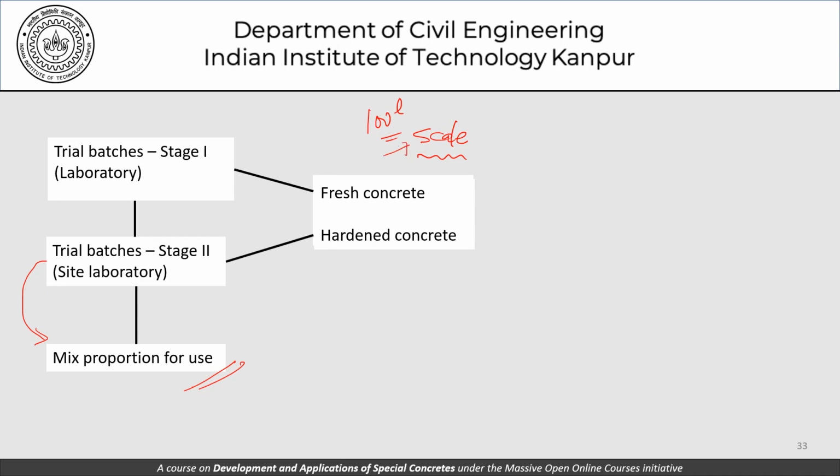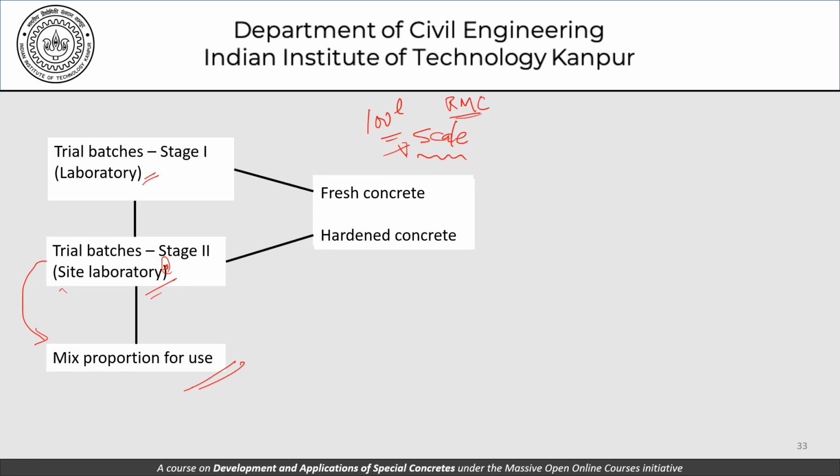That scale part is taken care of to some extent by ensuring that the lab tests are appropriately repeatable and modifications are made through the site lab, where possibly the mixing of concrete, for example, is in an RMC plant.